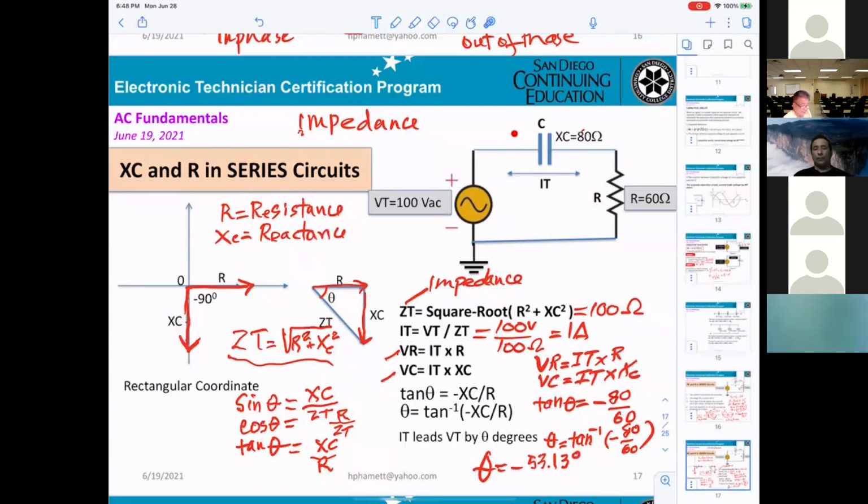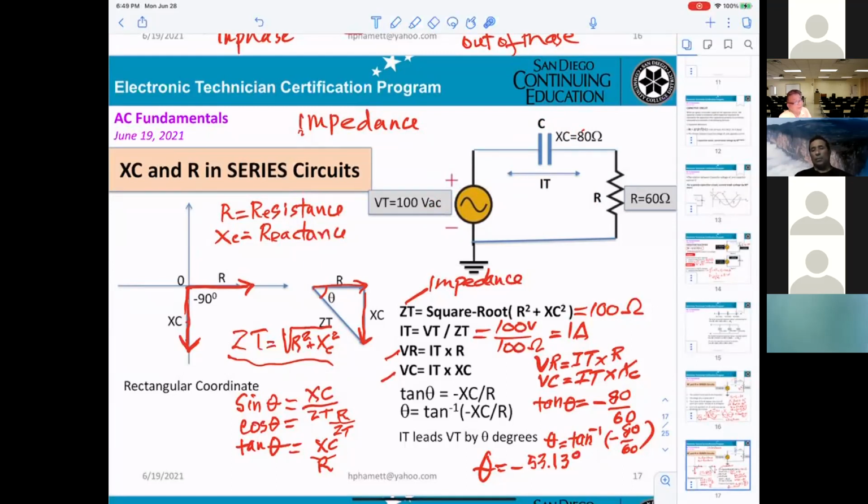VT is not equal to VR plus VC, right? You're talking about VR plus VC. So what does that mean? The sum of VR plus VC is not VT. Why? Because they're not in phase. If you want to get VT, you have to use the formula: square root of VC squared plus VR squared. Then it will be equal to VT.